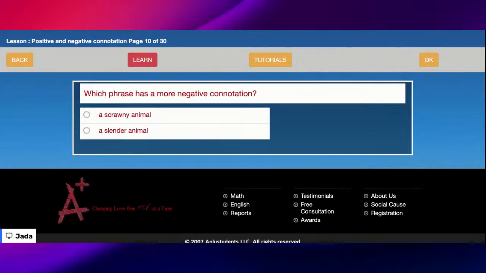So, which one is more negative here? Is it a crawling animal or a slender animal? Is it a crawling animal or a slender animal?